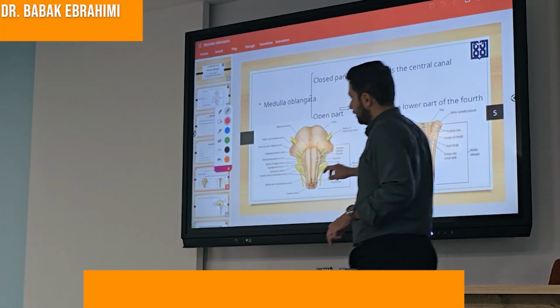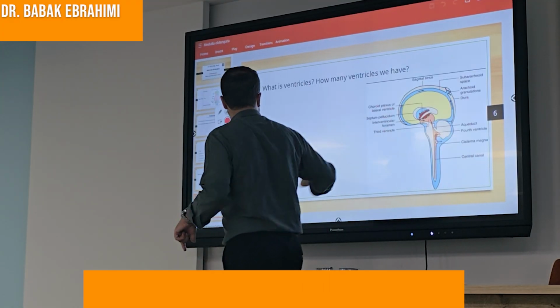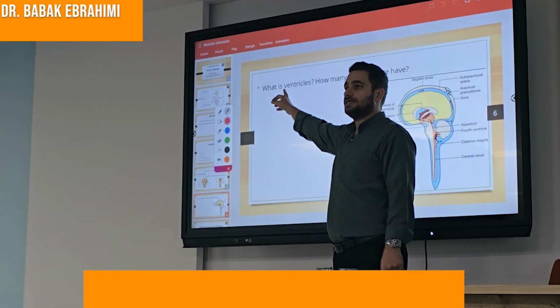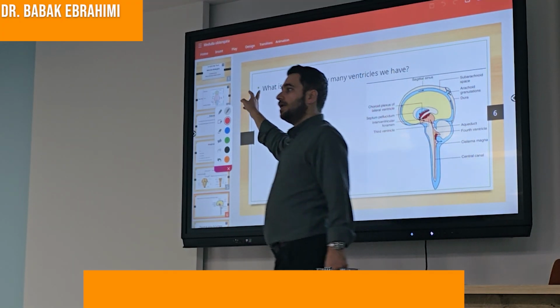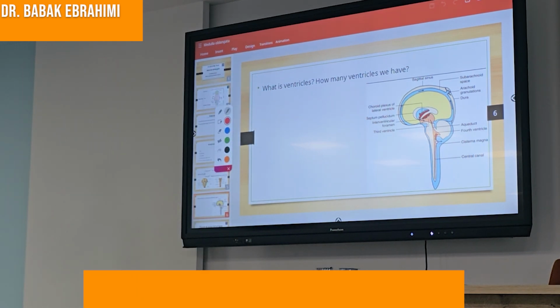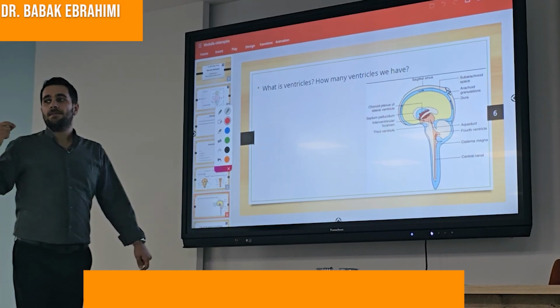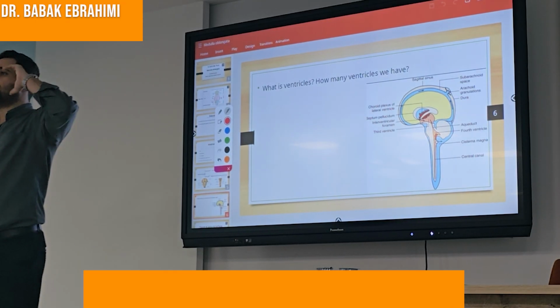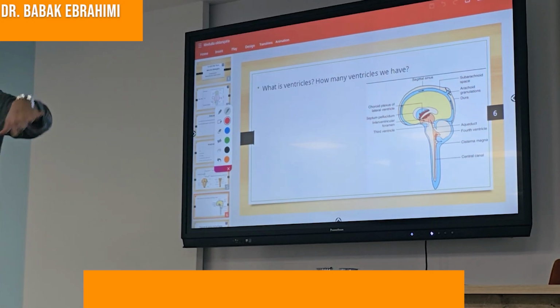Look at here, because of this one, we have the open part. What is this? Ventricles. Do you remember in the neuroglial cells, in the introduction of the nervous system, I told you we have one neuroglial cell we call ependymal cells. Imagine that in the brain we have several spaces, something like this glass.